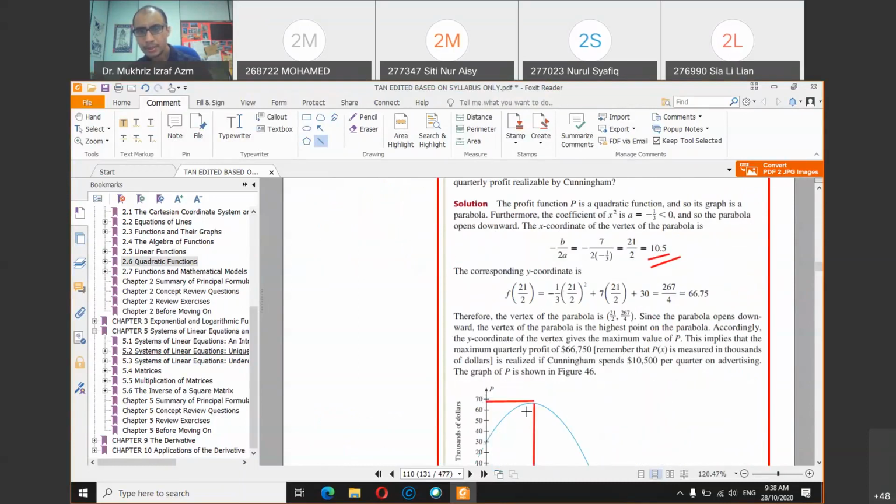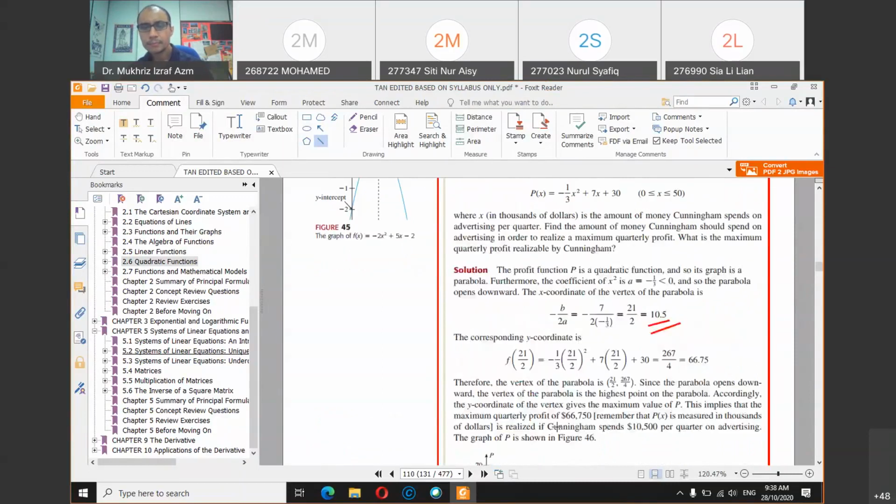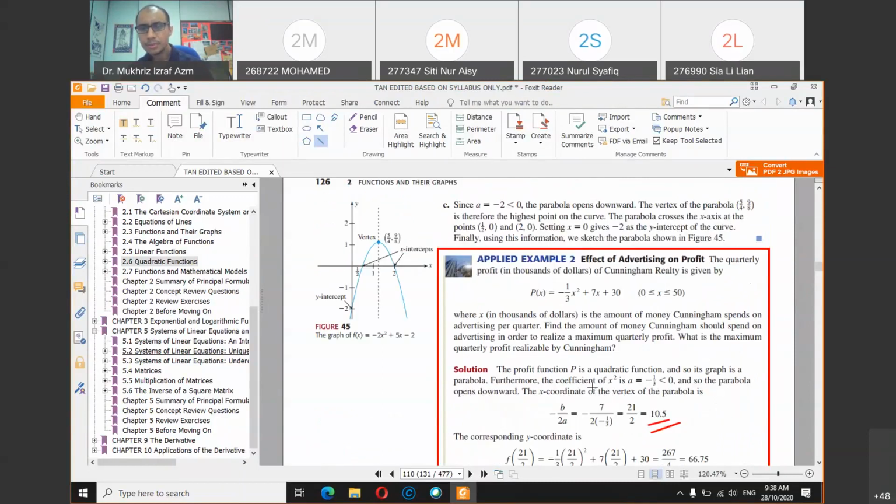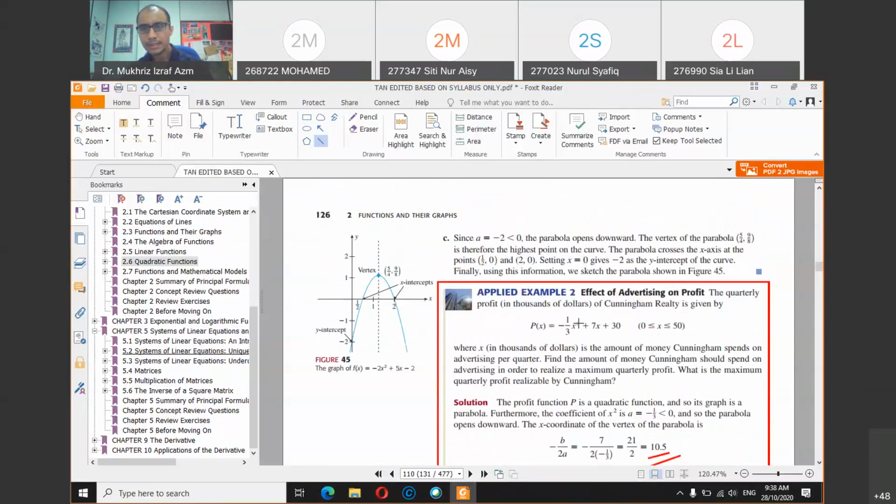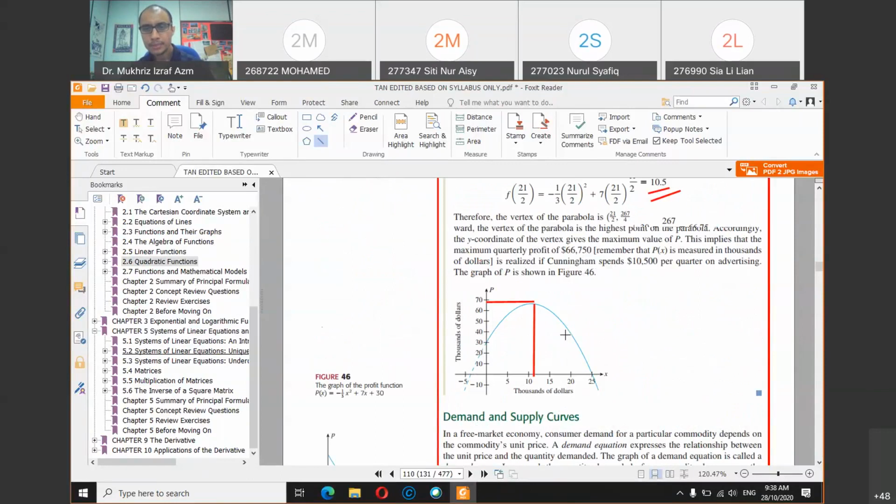Somewhere here, so this would be around 66.75. So this is how you solve a quadratic function that requires you to calculate the maximum or minimum value. Of course, in this case it is a maximum, because first you're talking about profit, and second because the graph itself has a negative x square coefficient.